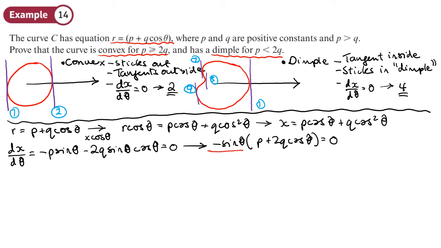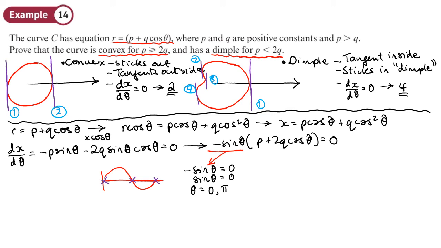Here I will get negative sine theta equals 0, which means sine theta equals 0, which means theta is either 0 or pi. You can see that if we drew the graph of sine, you can see solutions here 0, pi and 2 pi, but 2 pi is going to be the same as 0 because it's back to the initial line again.